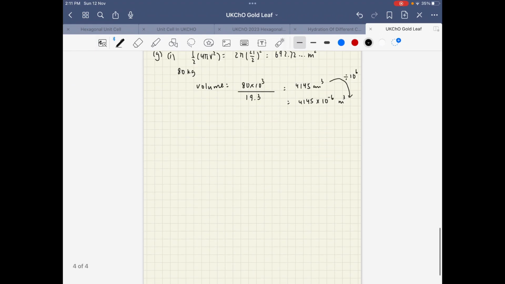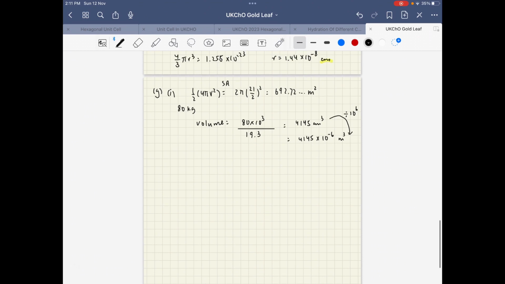And to find the thickness, because volume is surface area times thickness, you can imagine it being a sheet like this. This is only the cross-sectional area of the dome. So thickness will just be volume divided by the surface area.